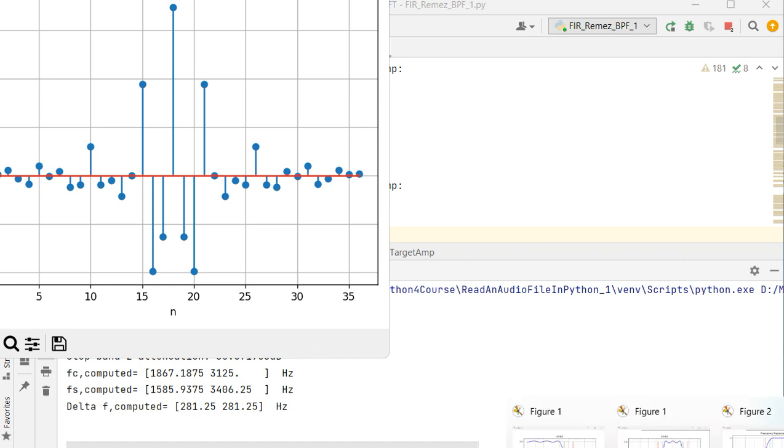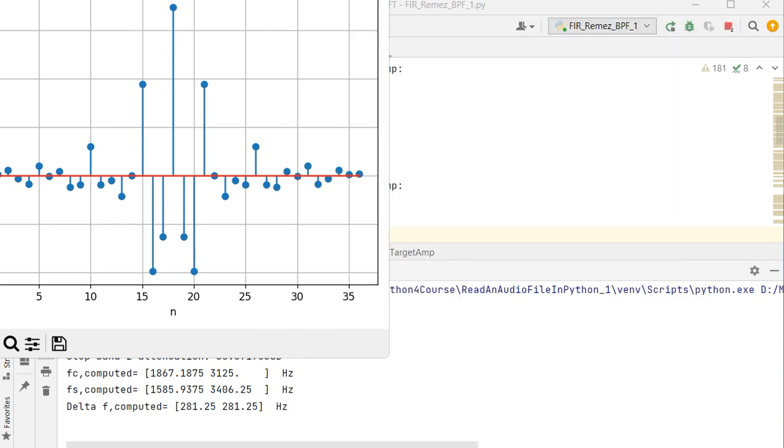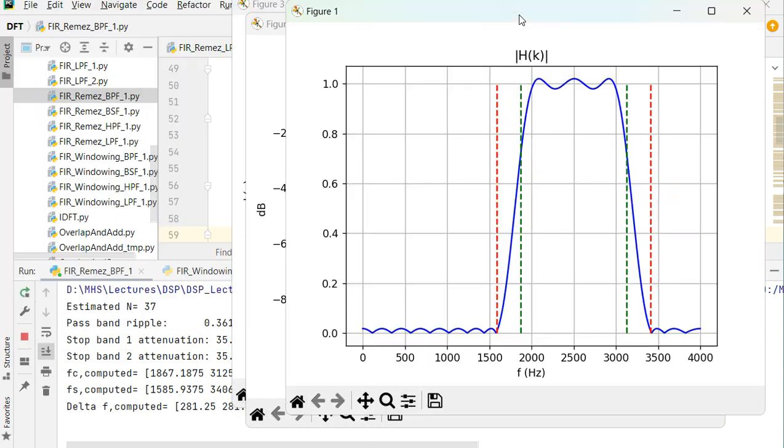Okay, let's have a look at the figures. Band pass filter, two pass bands in green color, they have been computed and shown in the figure, and two stop band frequencies. Pass band having two stop bands up to fs over 2, 4 kHz.